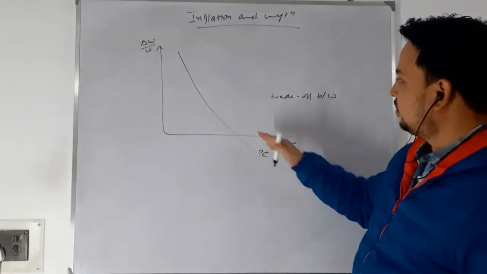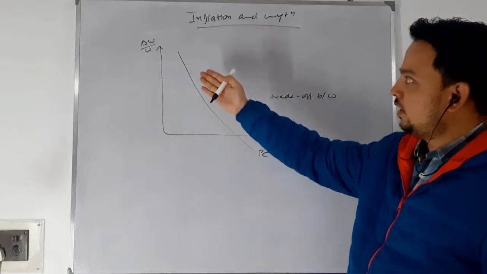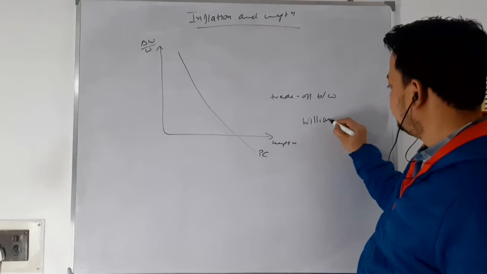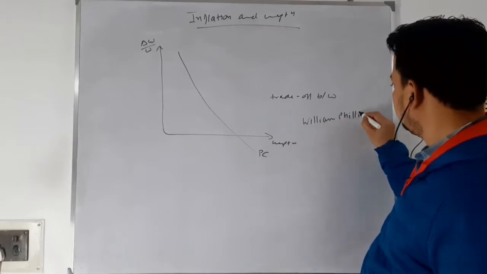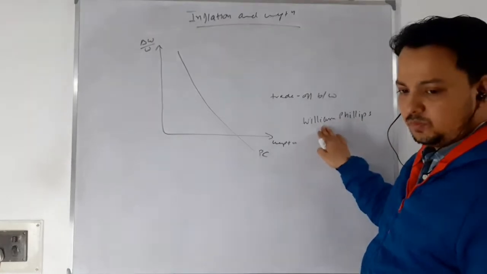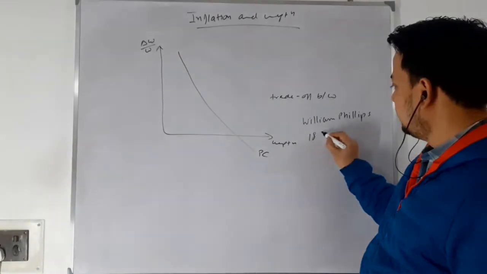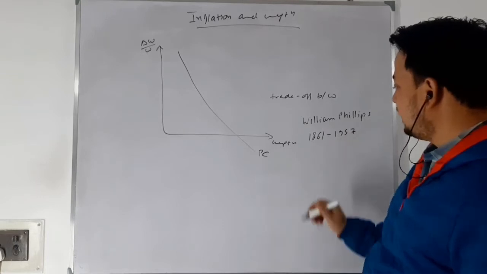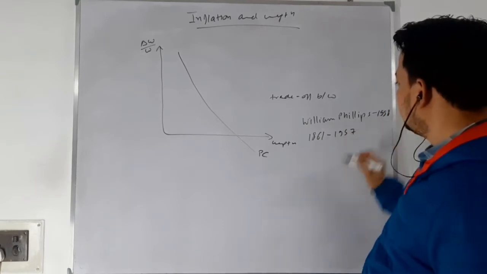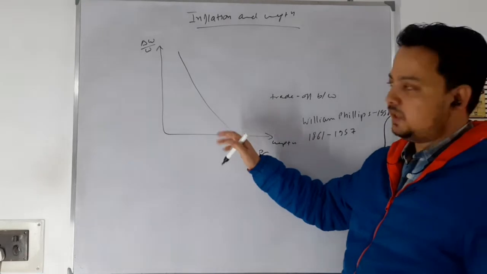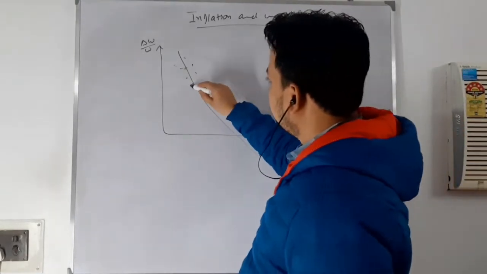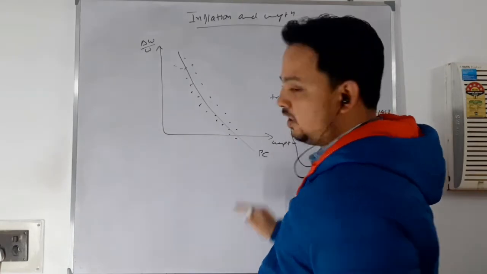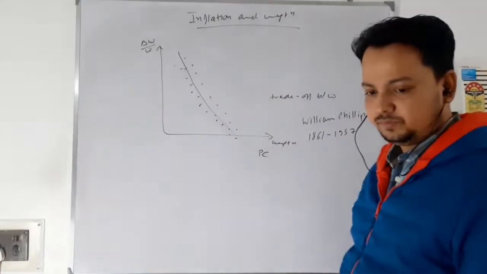This study, between the rate of change in money wage and unemployment, was done by William Phillips, and he looked at the data of the United Kingdom economy for the period 1861 to 1957 and published his paper in 1958, where he found that the relationship between the rate of change in money wage and unemployment is inverse.